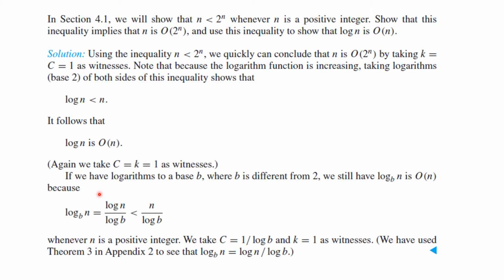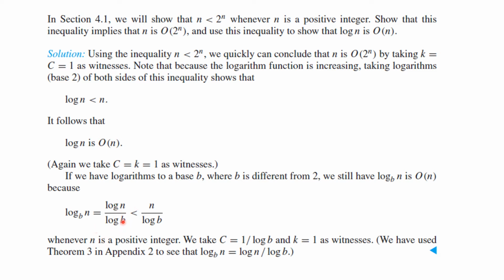Now, if we have logarithms of a different base, we can use the change of base formula. So this is the logarithm base b of n, and that is, by definition, you can prove this, the logarithm base 2 of n divided by the logarithm base 2 of b. But you see, we've already shown that the log of n is less than n.